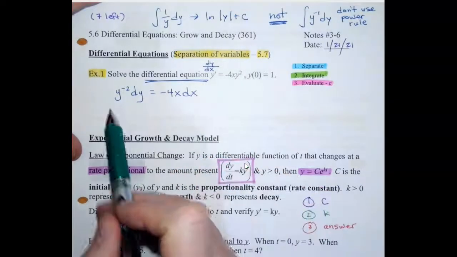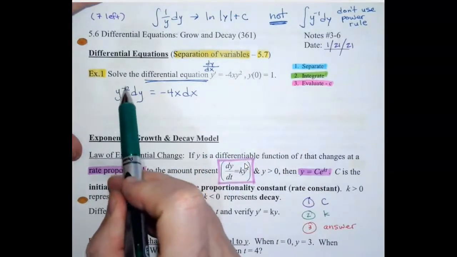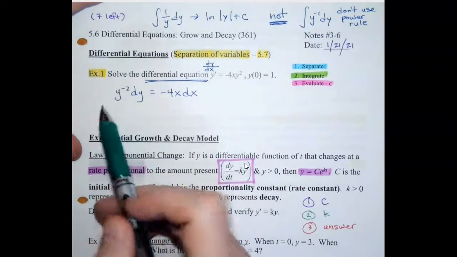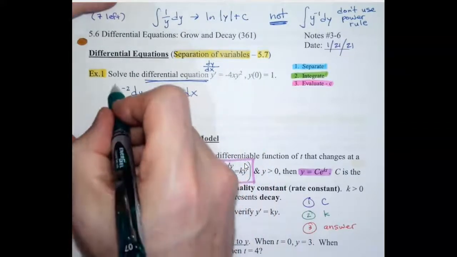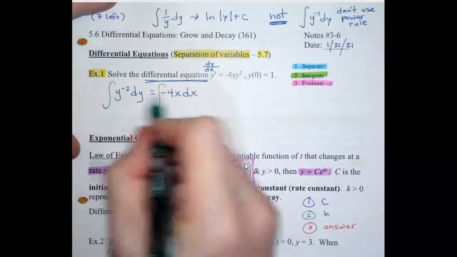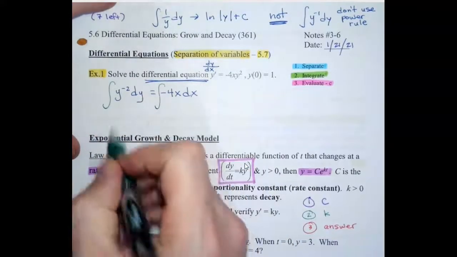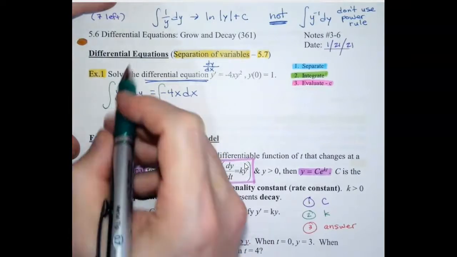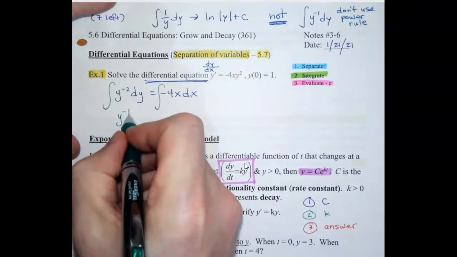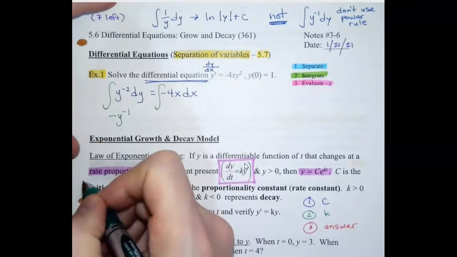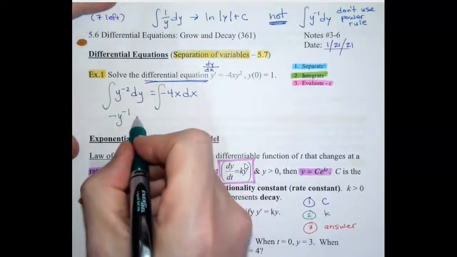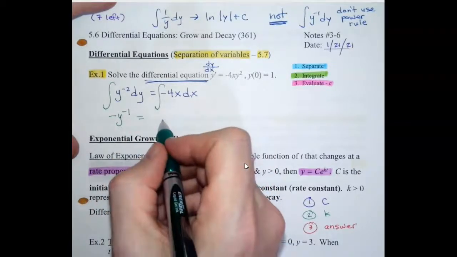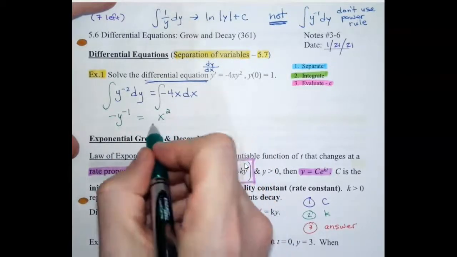So in this case, because it's not to the negative 1, I want to focus on the power. So I did step 1 in blue, separate. Step 2 is to integrate. So we're going to add 1 to the exponent and divide by the new exponent. So that's going to be negative. And then on this side, we're going to add 1 to the exponent and divide by the new exponent.